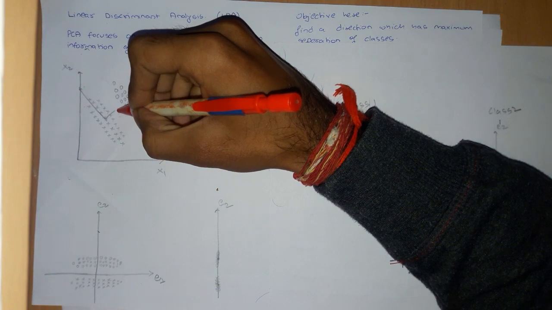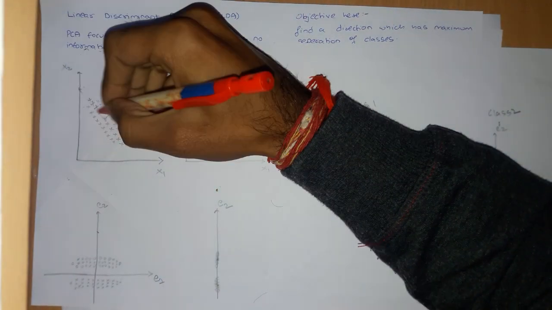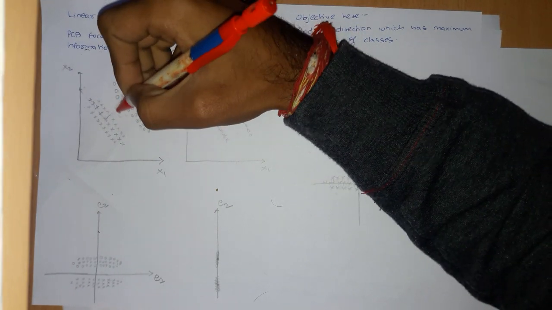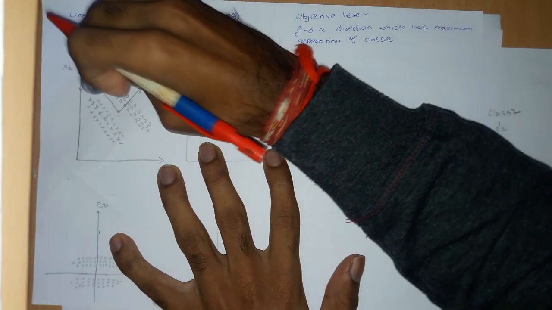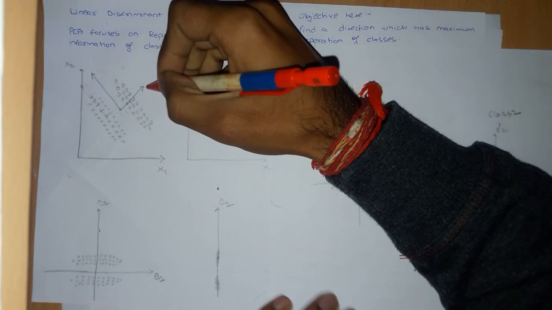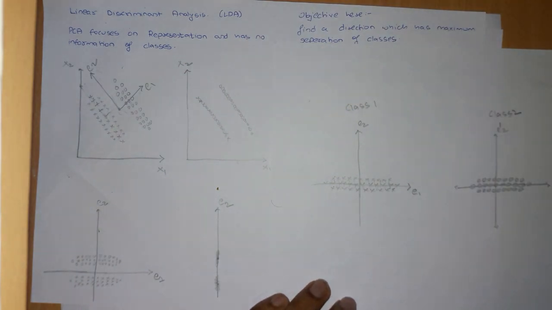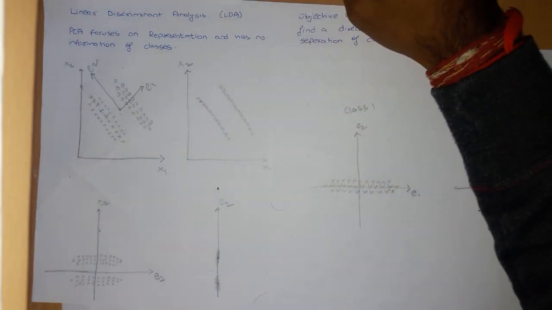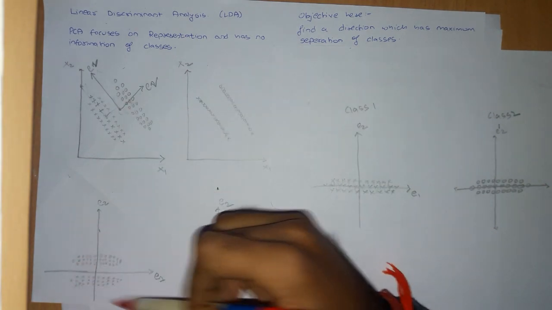I'll get a mean, say somewhere over here, and these will be some of my eigenvectors. This is the first eigenvector E1, and this is E2. So when we do this we can get a space like this.